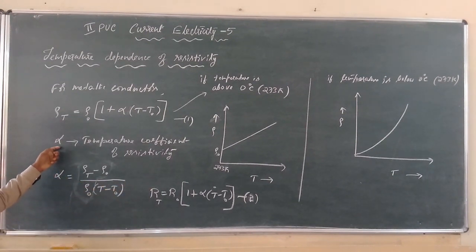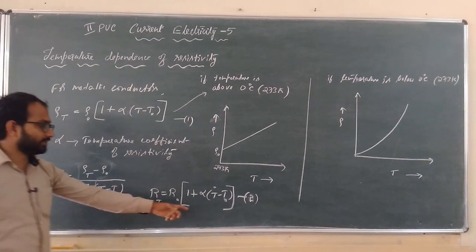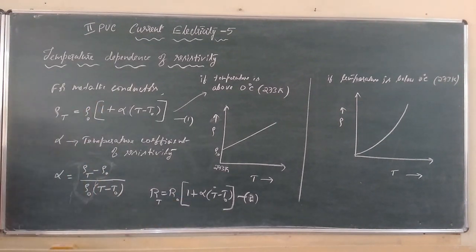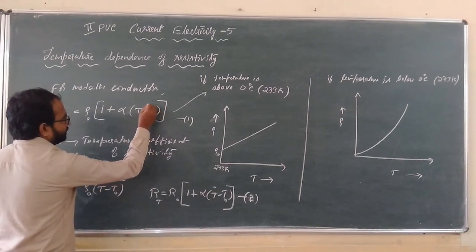Here it is the temperature coefficient of resistivity, here the temperature coefficient of resistance. So remember this expression: rho T is equal to rho naught into 1 plus alpha into (T minus T naught). T naught is some reference temperature.